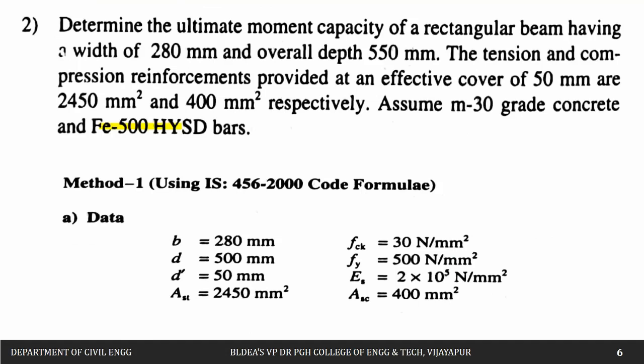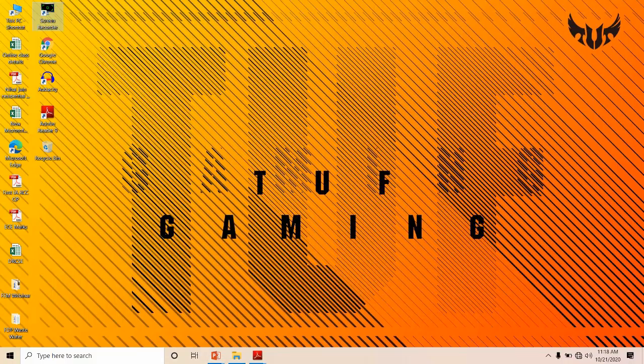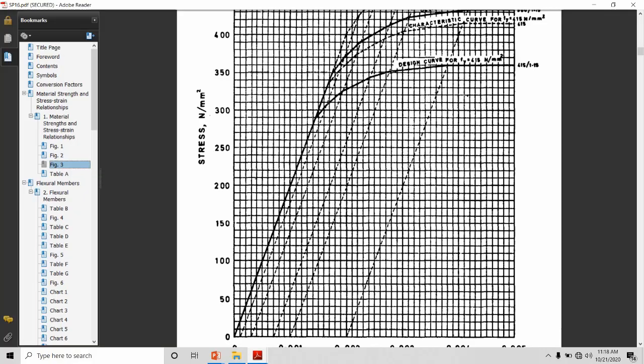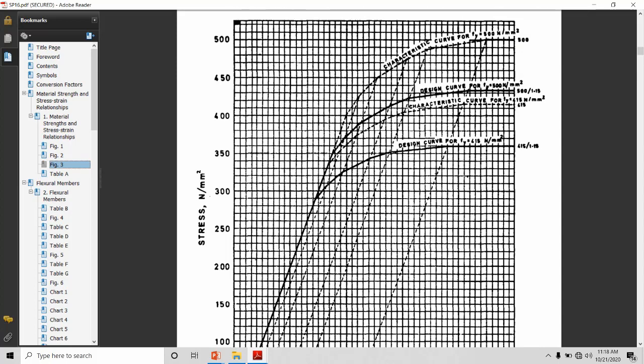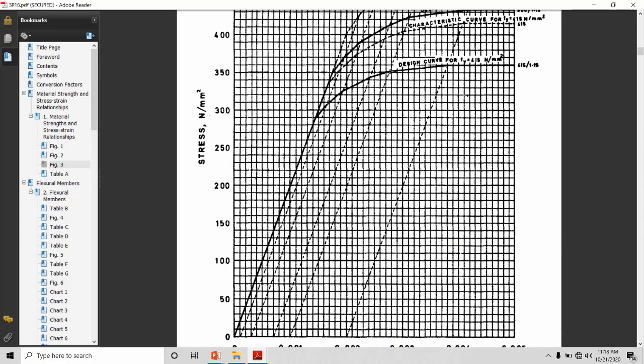They have given Fe 500 steel, and our D dash by D ratio we have to calculate further. Here, this is the stress, and along the x-axis it is strain.